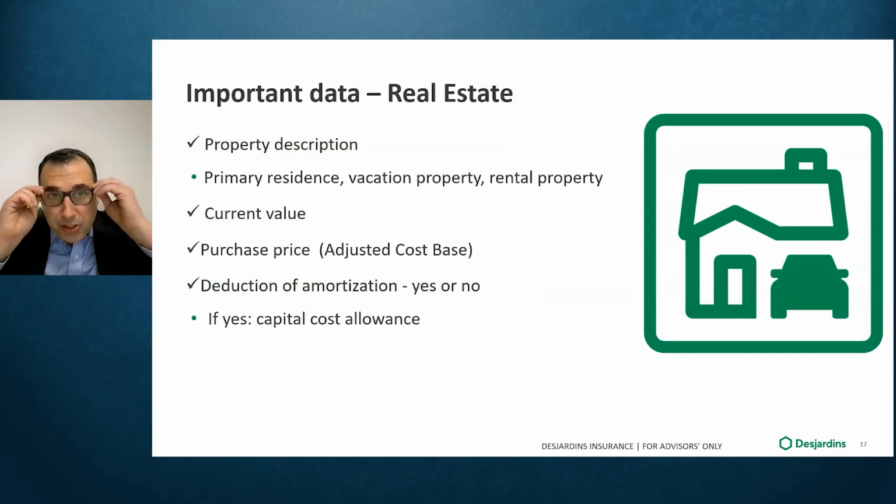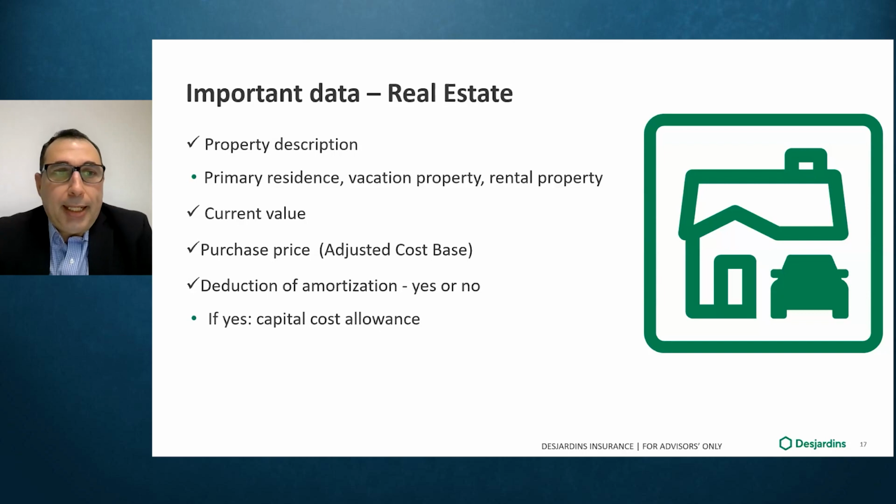Some important information. On the real estate side, the tool will allow you to specify if it's a primary residence. Of course, that changes things quite a bit with respect to taxation. You can specify if it's an investment property or rental property as well. One thing you absolutely need to capture for secondary property is the purchase price.